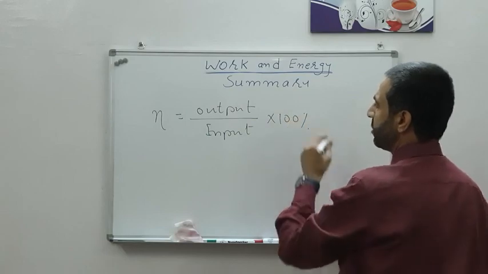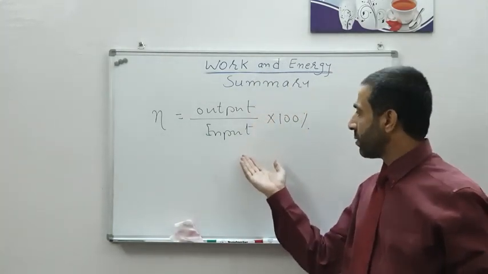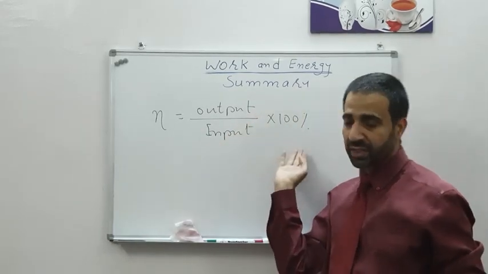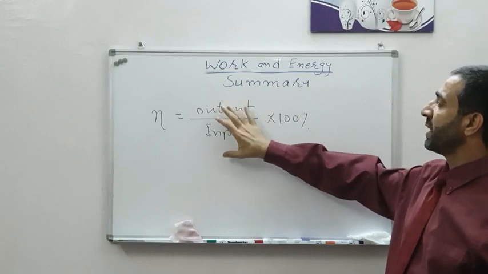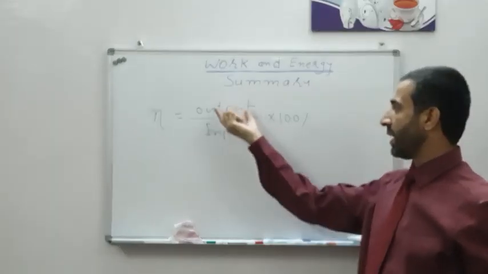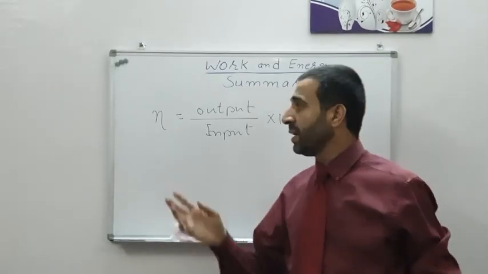And as I told you, the output is the work done by the machine, and the input is the work done on the machine. More appropriately, I told you that this is the output power and this is the input power, so the output power over the input power into 100 is the best way to express it.